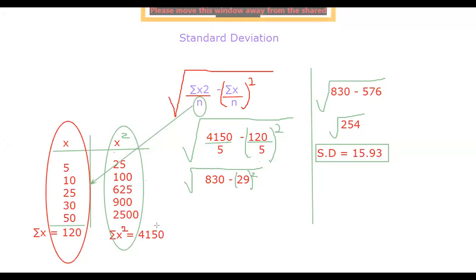After getting these two values, small n is our number of items, which is 5. Using the formula, standard deviation is equal to the square root of sigma x square by n minus sigma x by n to the whole square, we can identify the standard deviation.